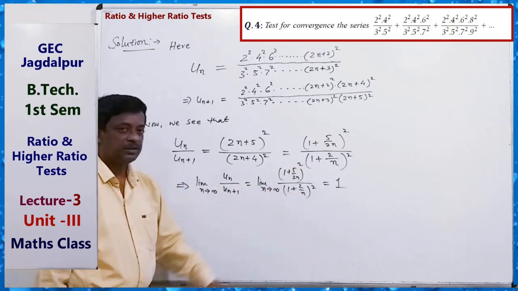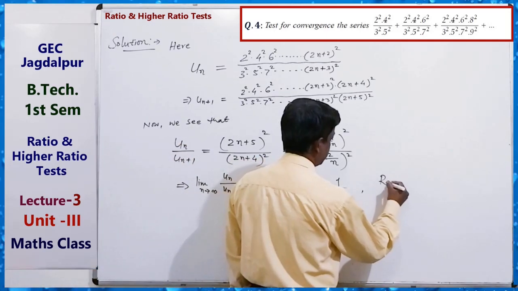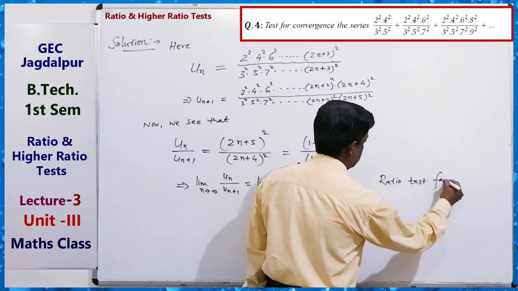This limit is 1, that means the ratio test fails.